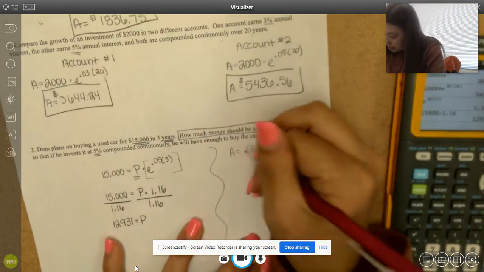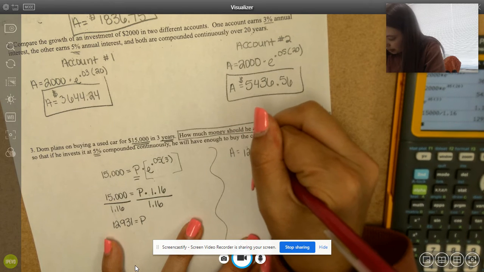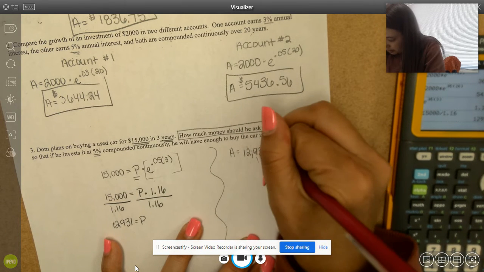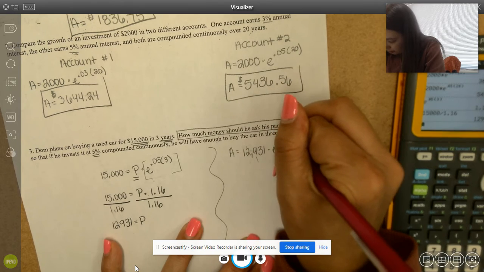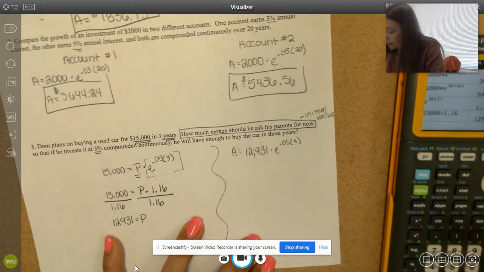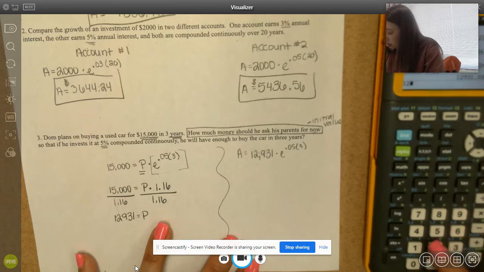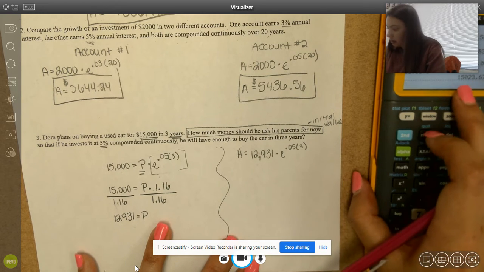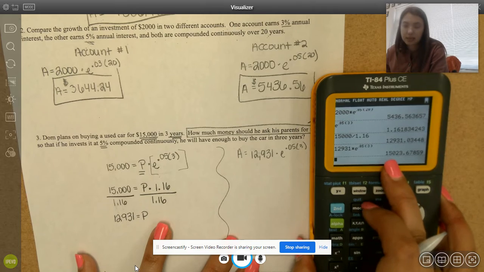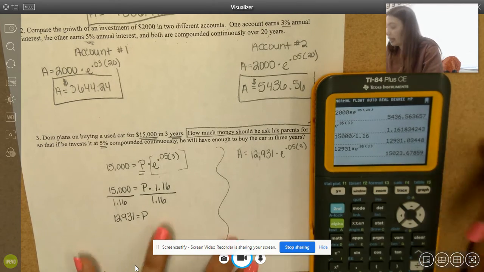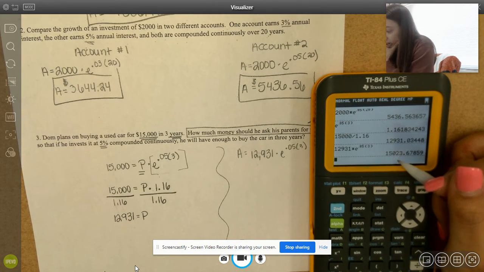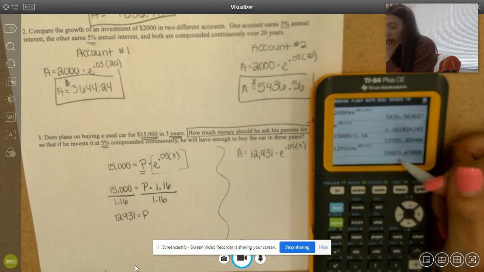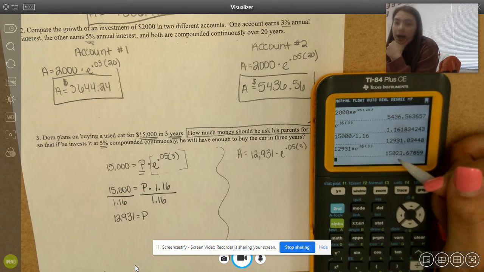We know P is 12,931 times e raised to the 0.05 times 3 power. And we get about $15,000, or $15,023, which is more than he needs.